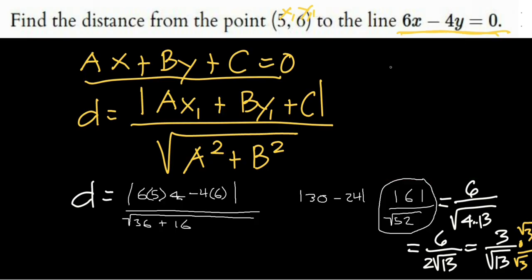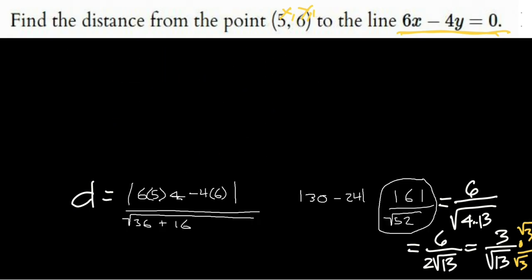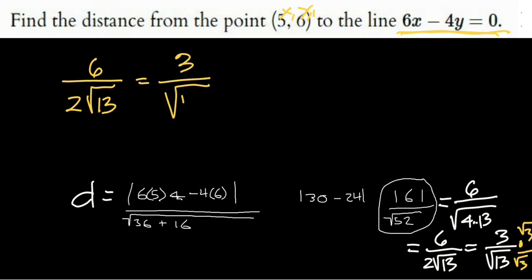Then this would become, okay, I will write here. So we have 6 over 2 square root of 13. Can you see this? And then this would be simplified to 3 over square root of 13. But we cannot leave the radical in the denominator, so we rationalize.